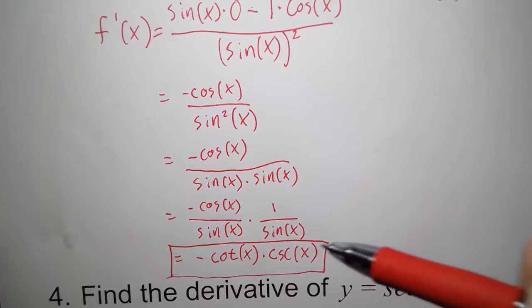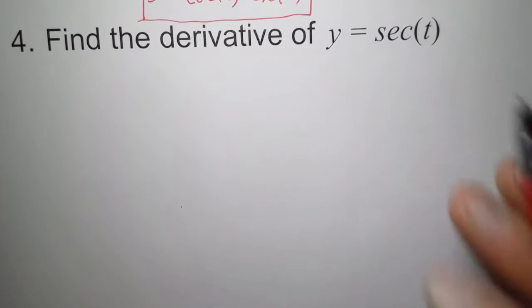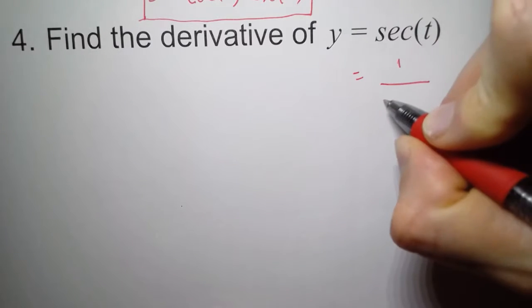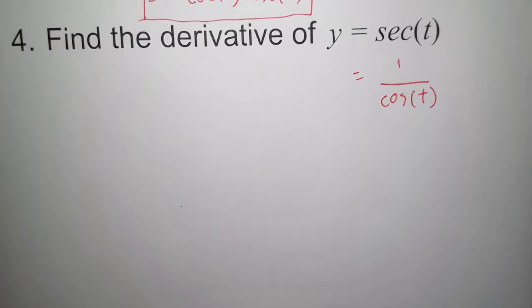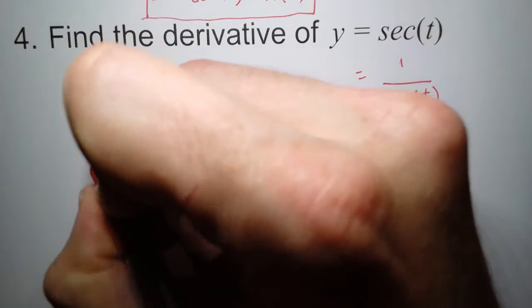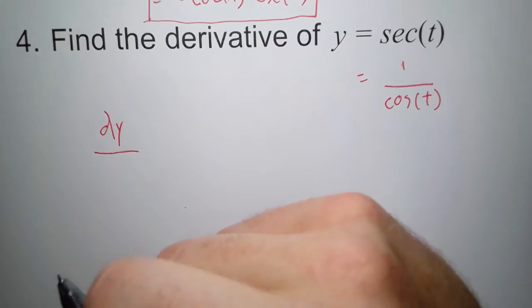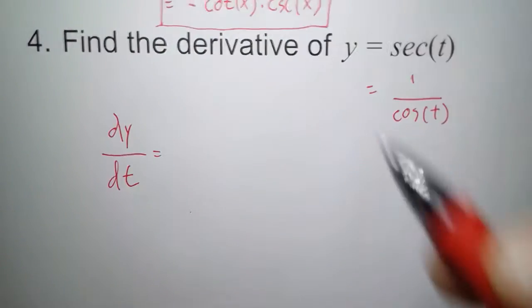So we'll follow along. So now for number 4, here we have secant. So we'll write this as 1 over cosine of t. So our derivative is going to be dy, that's our dependent variable. Our independent variable is dt. So dy dt.